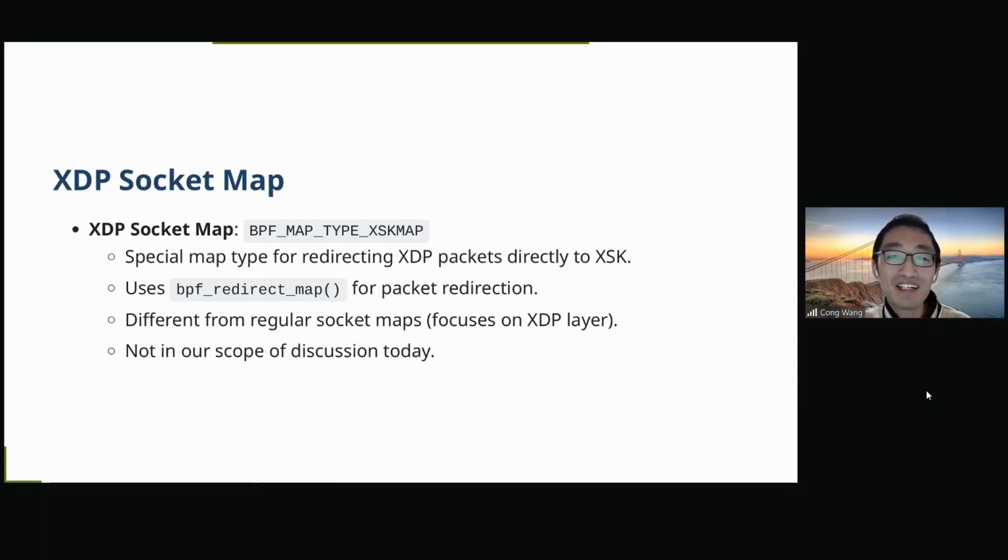It's actually used for XDP packet redirection to the XDP socket, and there is also an eBPF helper to use together with this socket map, and it's very different from the socket map I'm going to talk about in detail today. So today this one is not within the scope of discussion because it's too special.